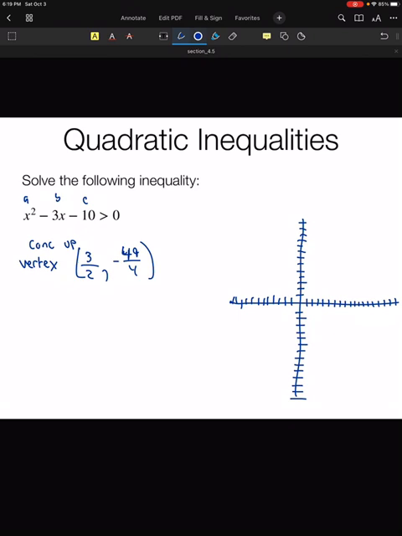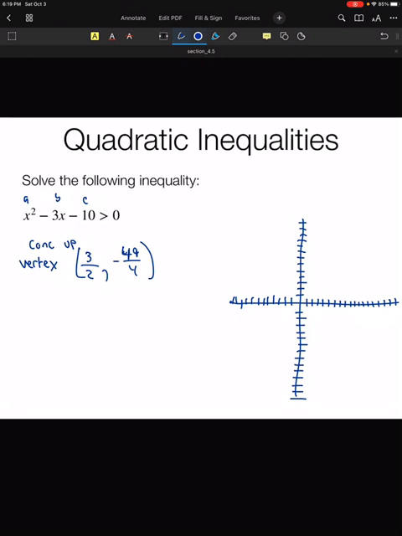So 3/2, negative 49/4 is the vertex, and negative 49/4 is just a little bit over negative 12.